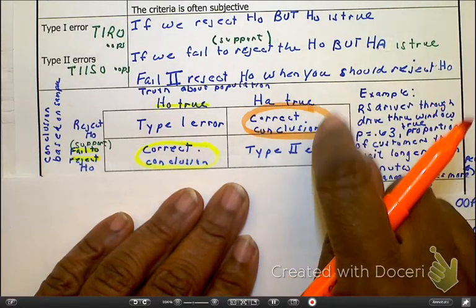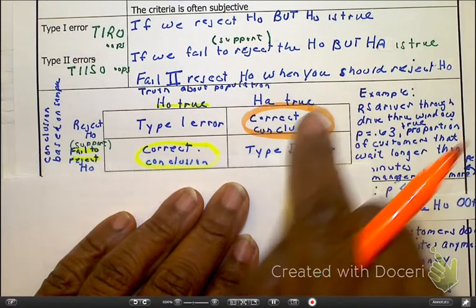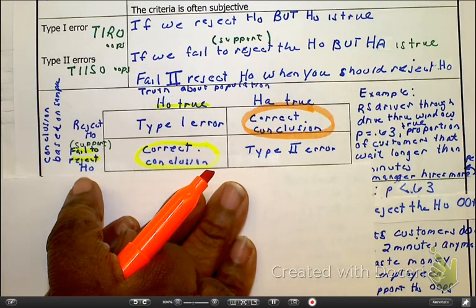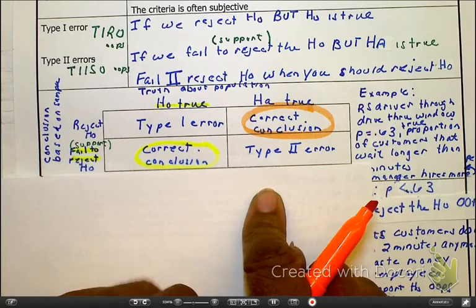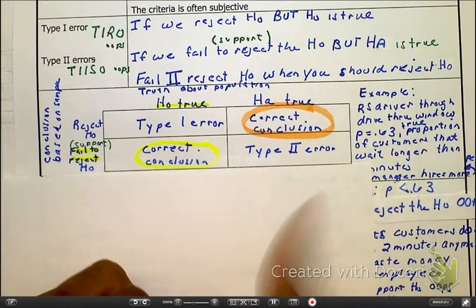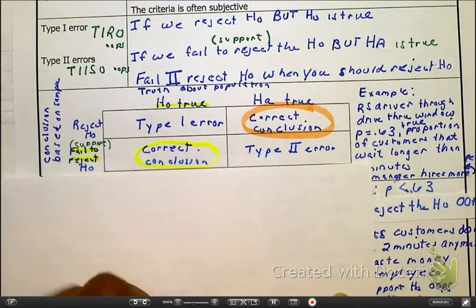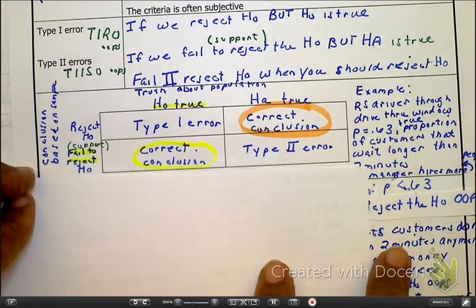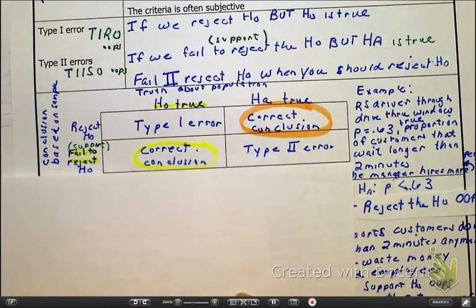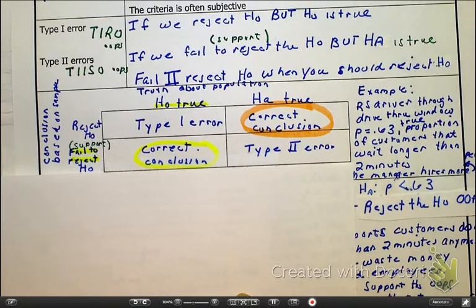I'm saying here that both my alternative hypothesis is correct and I'm supporting that my null hypothesis is correct. Well, how does that work, that both of them are correct? Nope, you can't. That is Type 2.